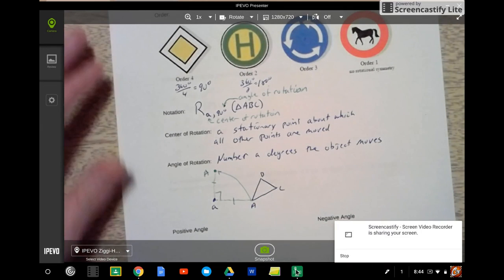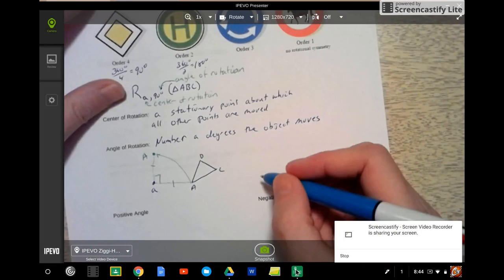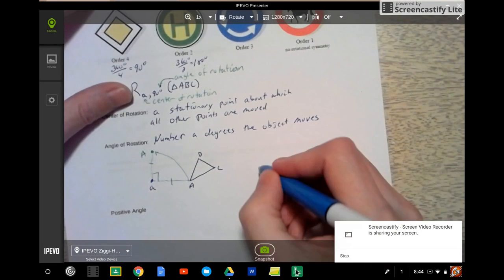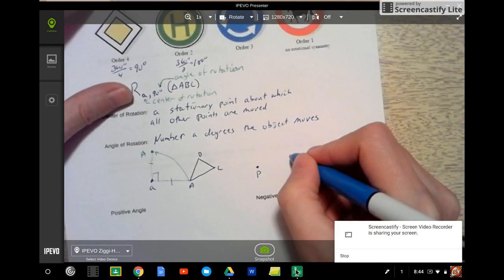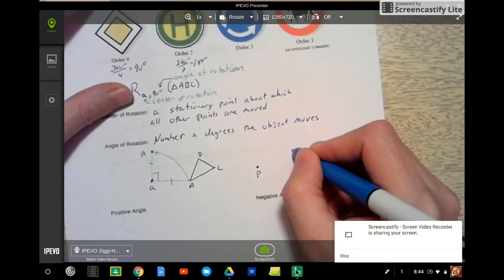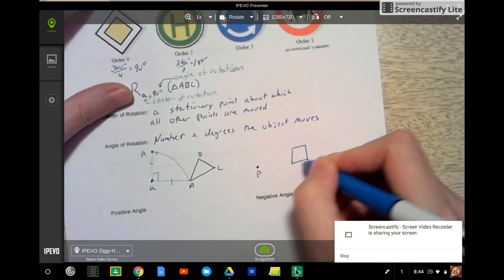Okay, if I wanted to go 70 degrees, let's make up another example. So here's a point P, and I'm going to rotate, let's make a square this time because I'm getting tired of triangles.